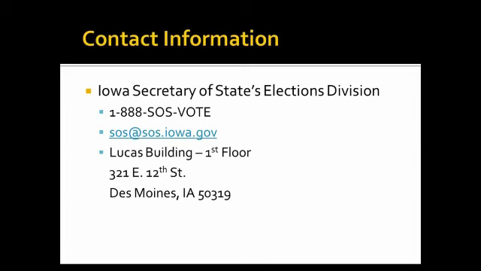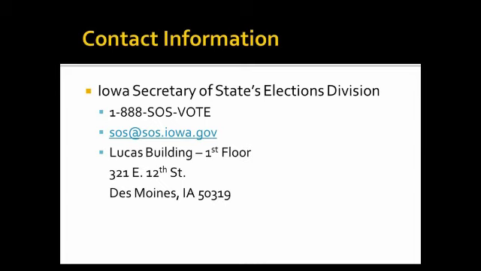One question that's come up as we've been putting this together is whether an Iowa student attending college in another state is eligible to register and or to continue to participate in Iowa elections. The answer to that is yes.